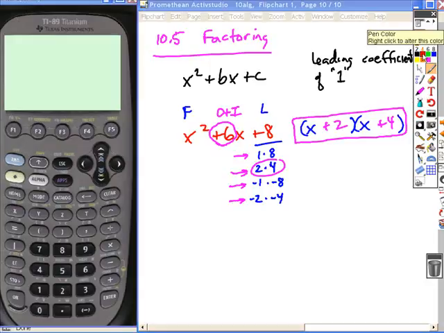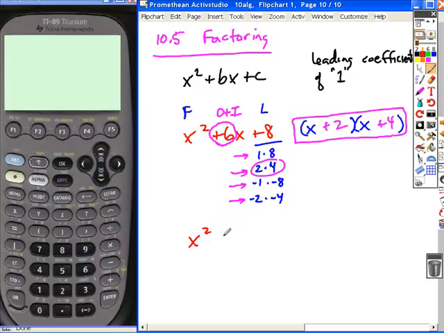Anytime your leading coefficient is a 1, that's what you're looking to do. So let's say you take the following, and you're looking for the factors. You know your first terms are going to be x's, and your last terms have to be two factors of positive 6 whose sum is positive 5. Since the sign is positive, you know that these have to have the exact same sign.